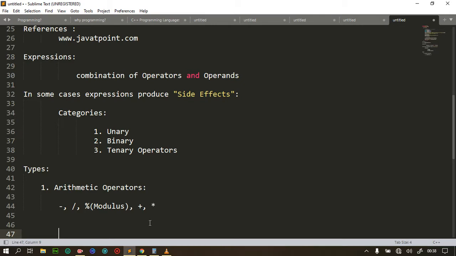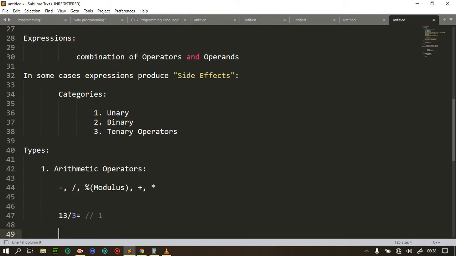Now for example, modulus means give me the remainder after the division. So assume I divided 13 by 3, the answer is going to be 1. Modulus means if you divide, I don't need the real answer.